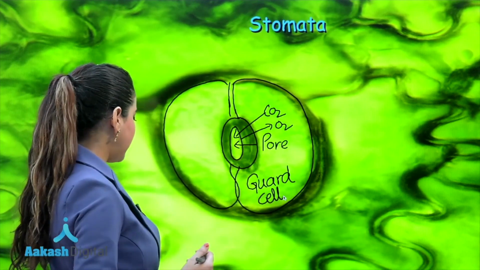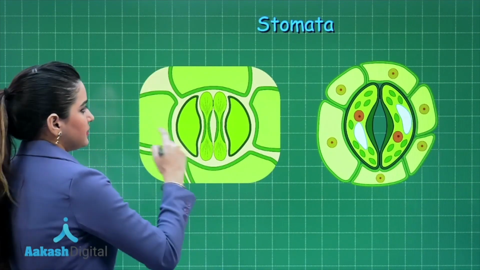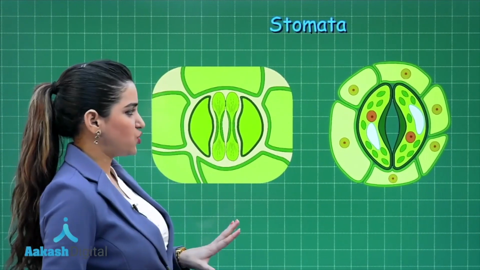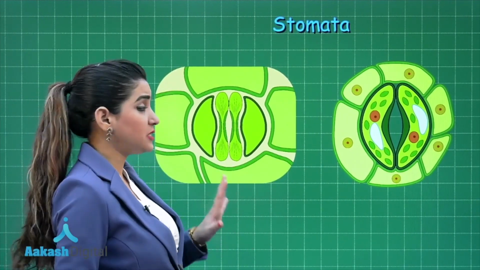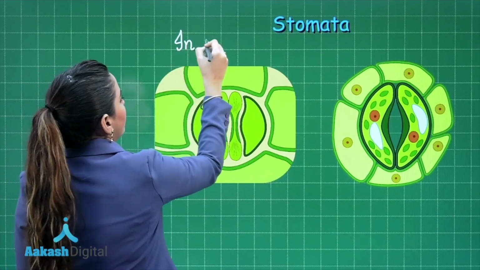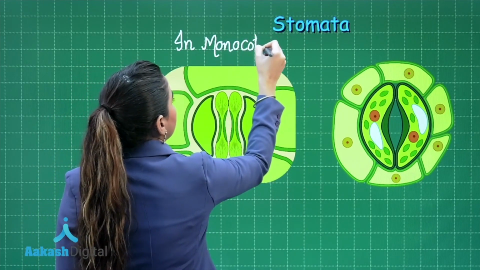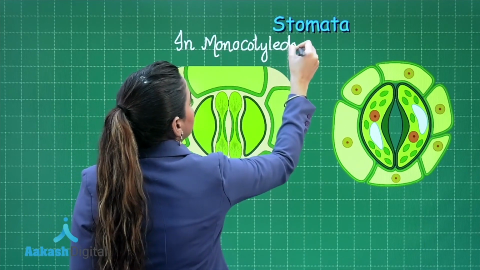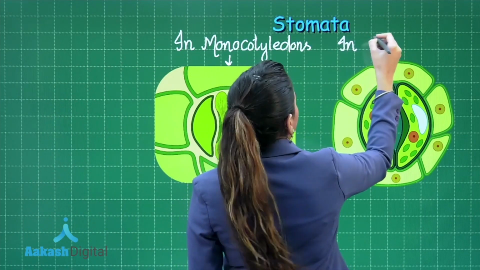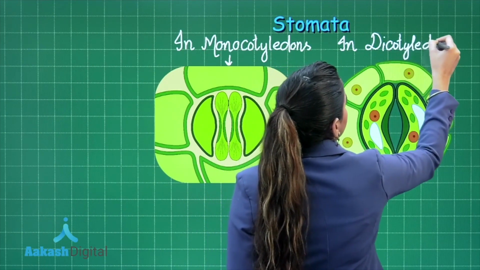Okay. Let's take types of stomata. So here again, see, we are talking about two different types of stomata. Number one picture is the picture of stomata in case of monocots, monocotyledons. And this diagram is with respect to dicotyledons.